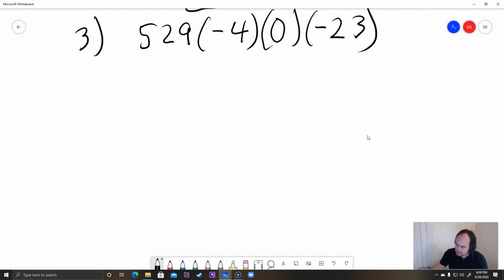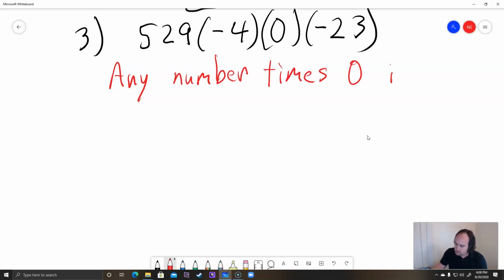So let me write that down. Any number times 0 is 0. Okay, so in particular we have this 0 here. We don't even care about the minuses or the pluses or the numbers.